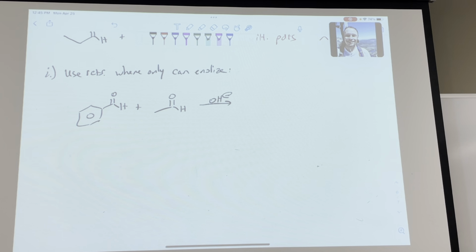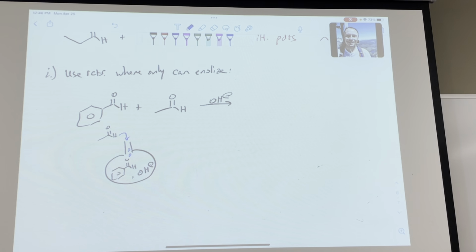If you wanted to isolate only one mixed aldol product, you would have your round bottom flask, and you would put your electrophile and your base. And then you would come in and add the one you want to act as the nucleophile. You would add that dropwise.